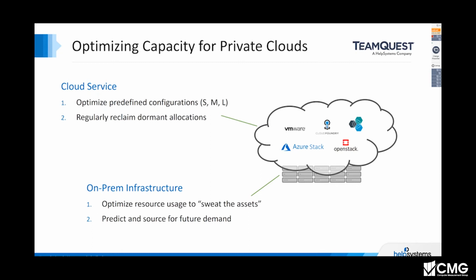And you need to regularly reclaim dormant allocations, so finding those instances that were provisioned but are no longer used, or where the usage pattern is not what was expected when they were provisioned, so you can reclaim some of those resources.